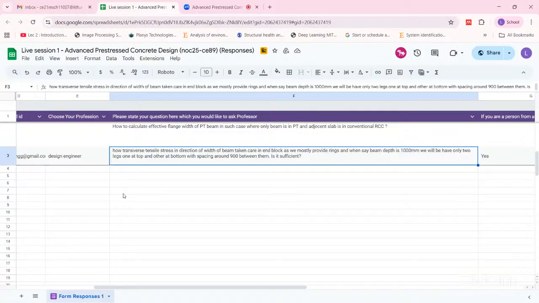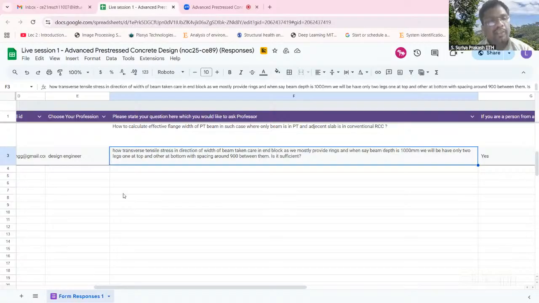But that will help us only in the direction of length and depth of the beam. I am talking about the width, because when the cable is tensioned, the tensile stresses will develop all around it, in a circular, radial fashion.